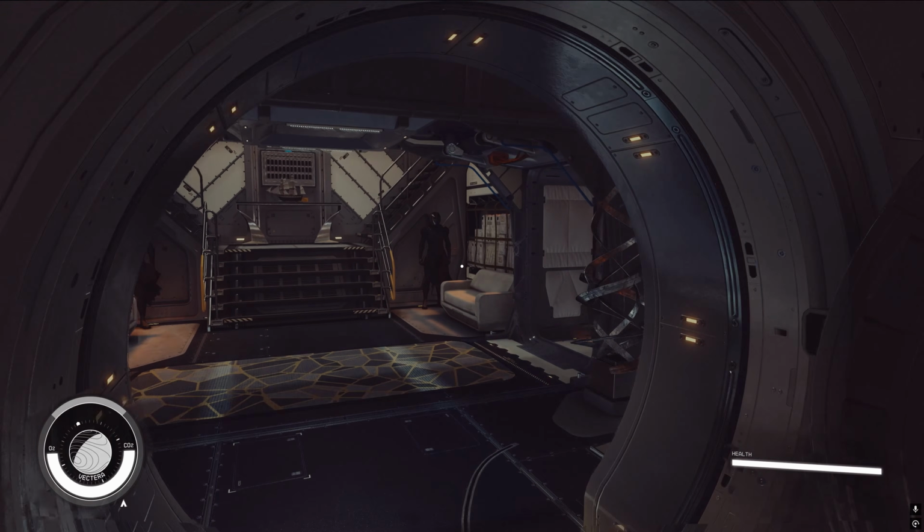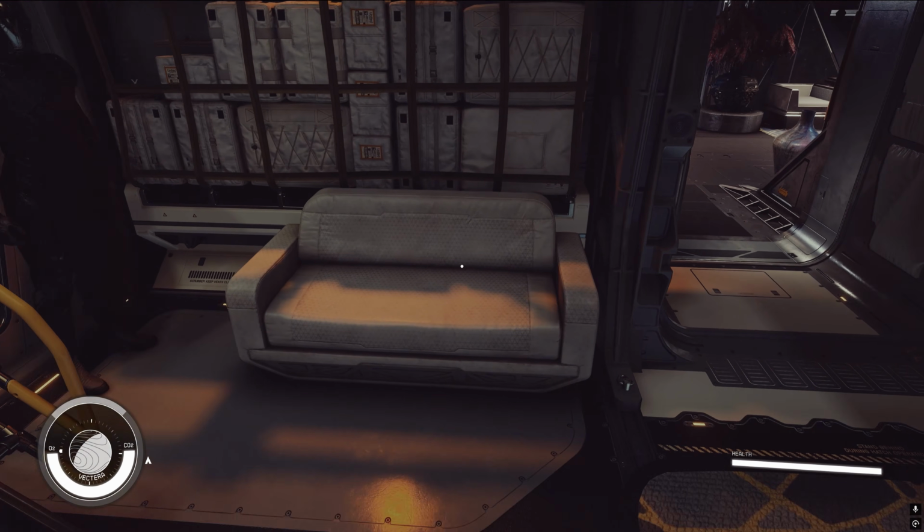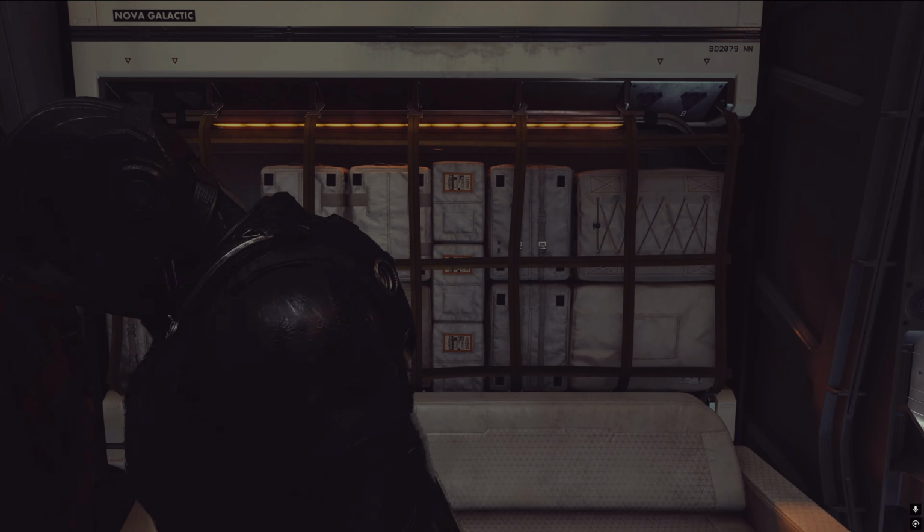I like the results of this, though. This interior and the habs.